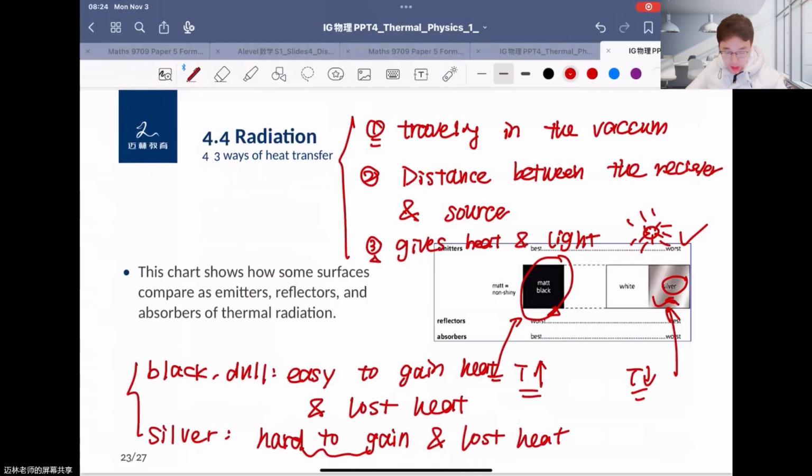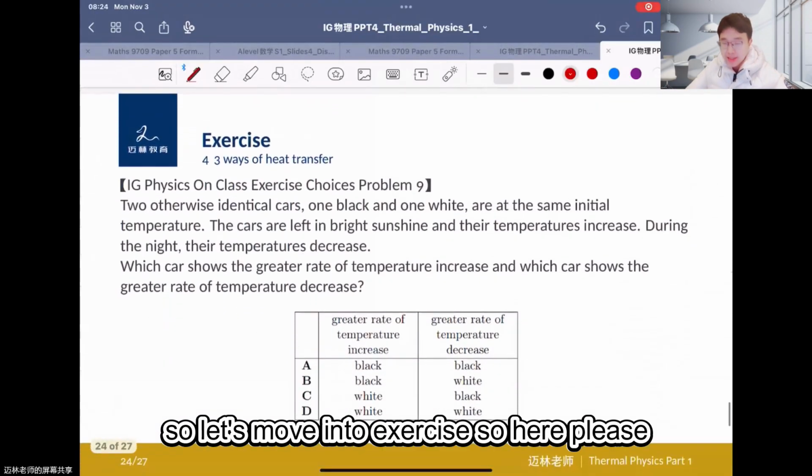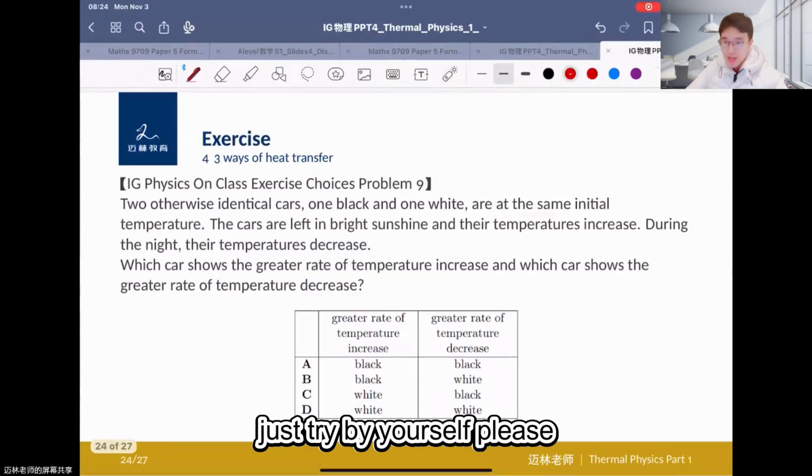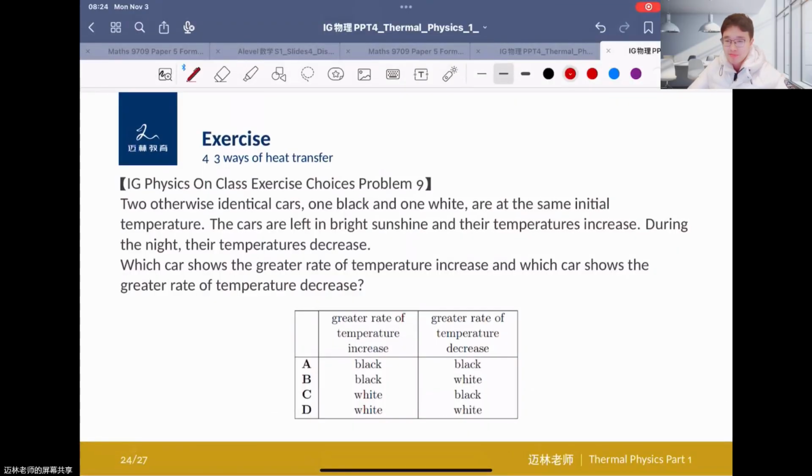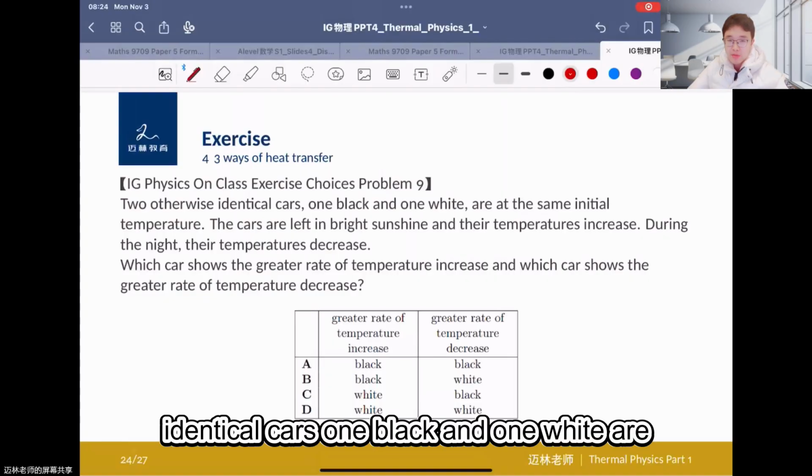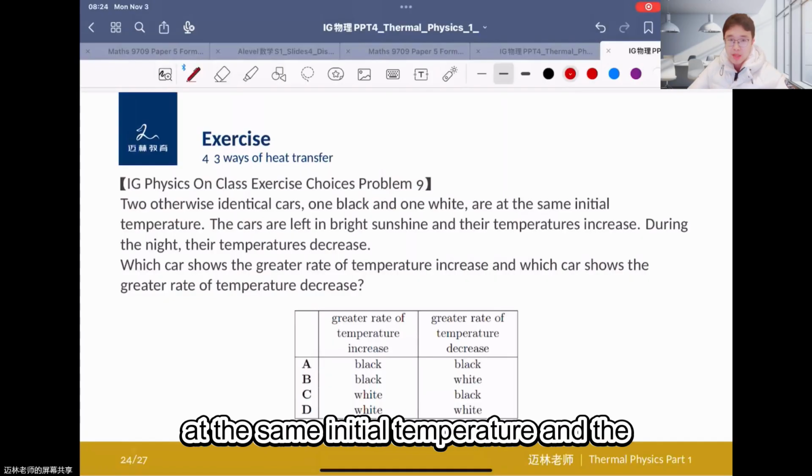Okay, so let's move into an exercise. Please try it yourself. Okay, so here you have two identical cars, one black and one white, at the same initial temperature.